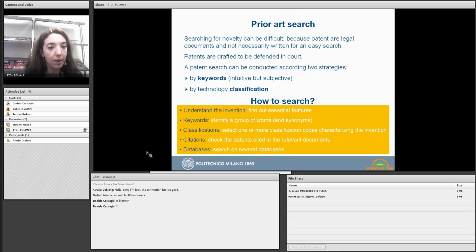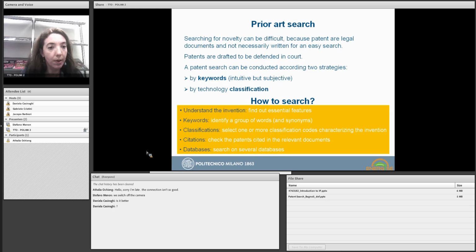And I can search by technology classification. This is a little bit more complex as a concept. I will explain how to do it. First of all, you have to understand your invention, to find out the essential features of the invention, to identify the keywords that describe the invention, and which are the classifications of my patents.